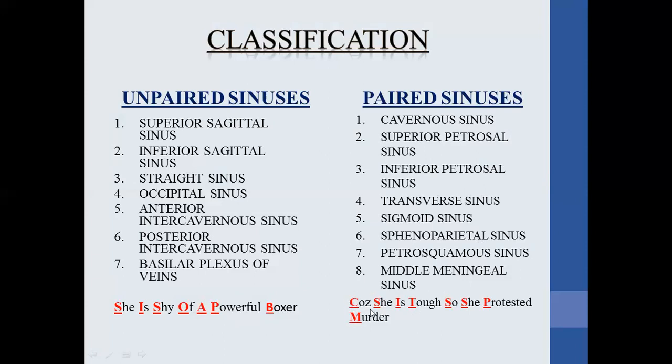Again, to remember, the short form is 'She is tough, so she protested murder.' Again, the first letter; this is just to remember, no need to learn this by heart. You can just remember the names, and as per their name, the location is also there. Like superior petrosal is on the superior part of the petrous temporal bone. So we'll study each sinus in detail.